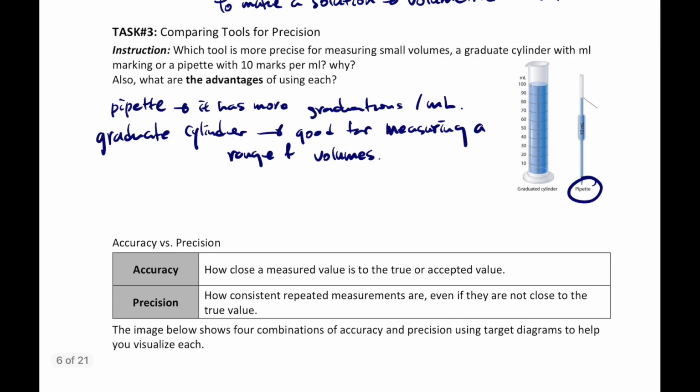However, the pipette is more accurate and precise for a small consistent volume.